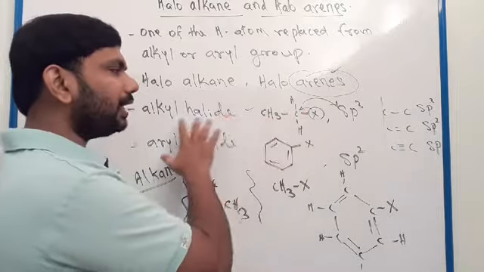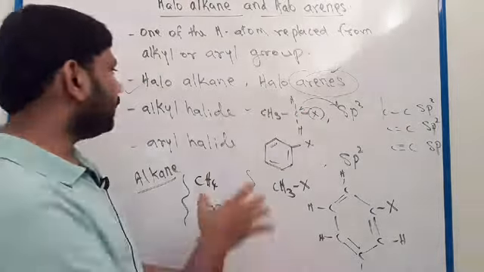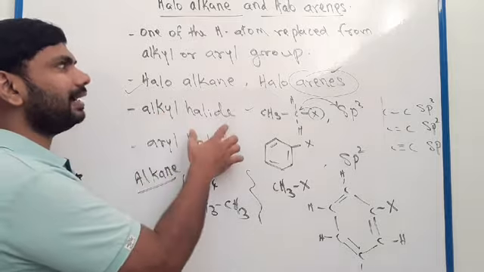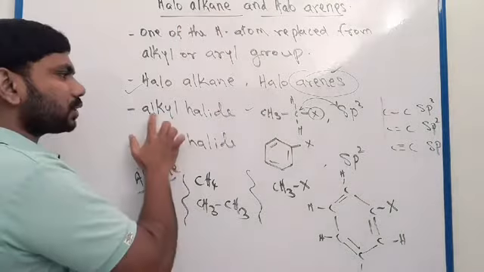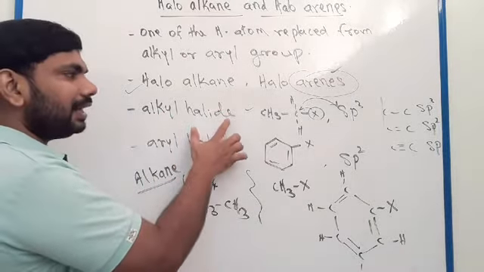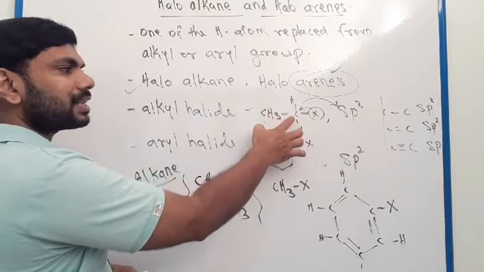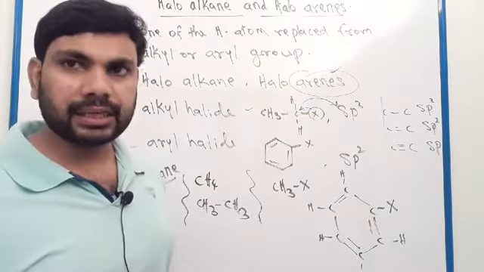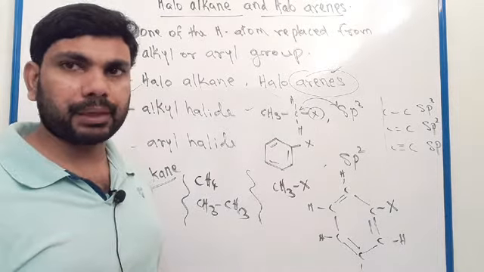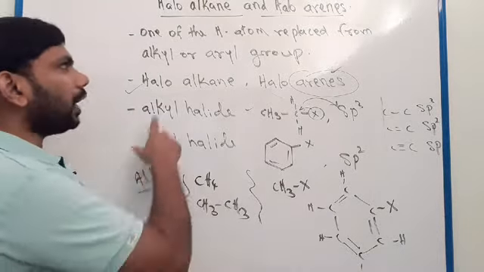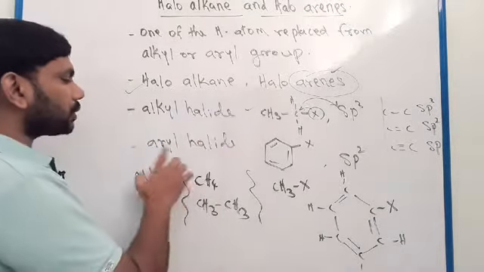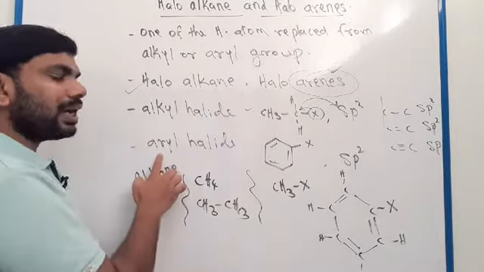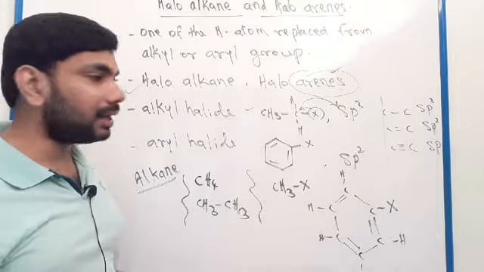Haloalkane is also called alkyl halide. Here halogen is directly attached to a carbon, and that carbon is sp3 hybridized. Next, haloarenes are also called aryl halide.